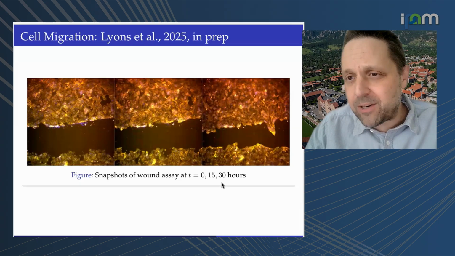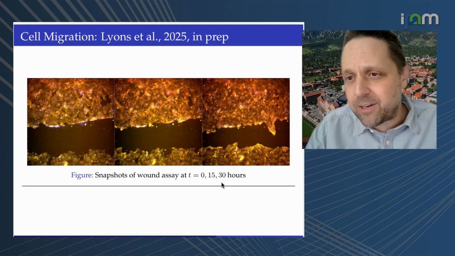So it took a few years to get the experiment correct, but now there's an experiment that our collaborators in biochemistry have done where they take a 2D sheet of cells, and you can see they have scratched it down the middle and given it a growth factor, and now the cells are migrating into the wound.